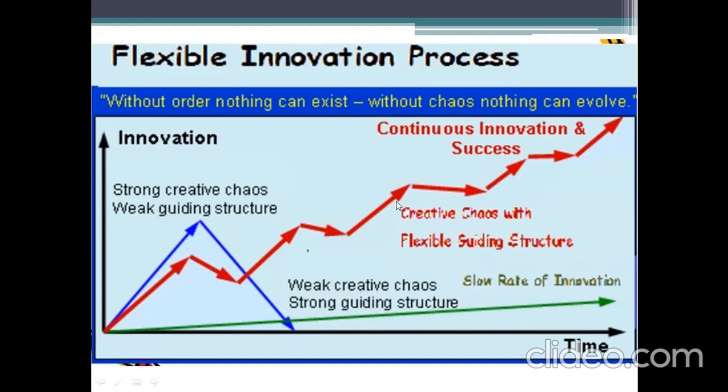But the people who do have continuous innovation have creative chaos with a flexible guiding structure. So flexibility gives you more room for innovation, more creativity, more chances of new products and processes that can enable more inventive products to the market.